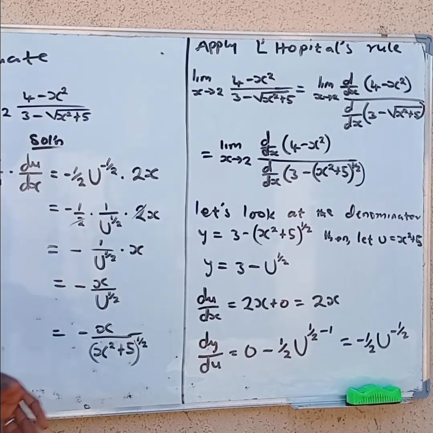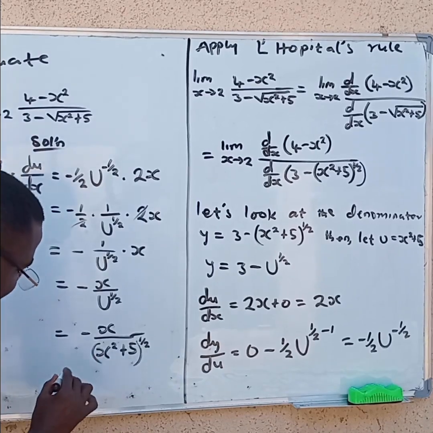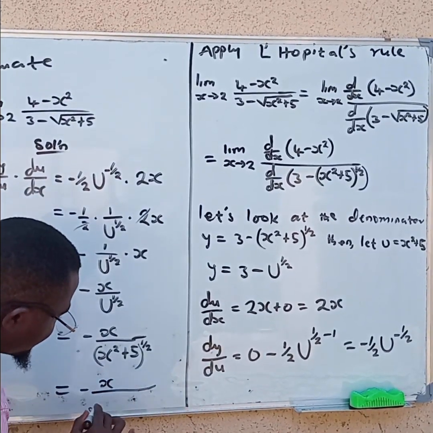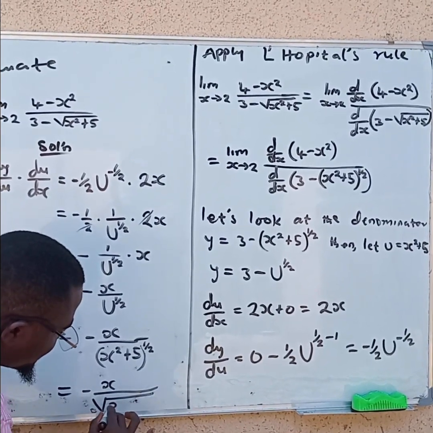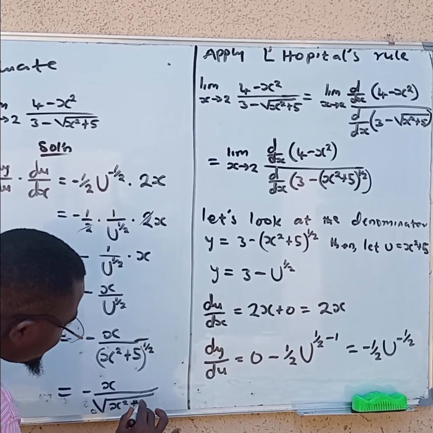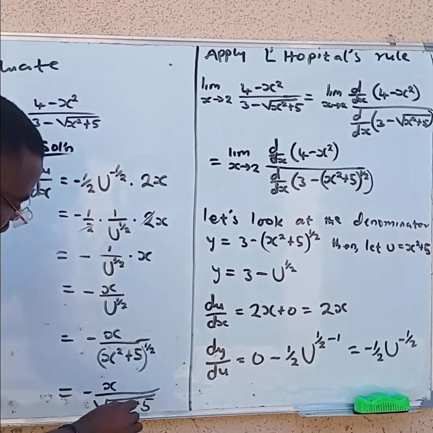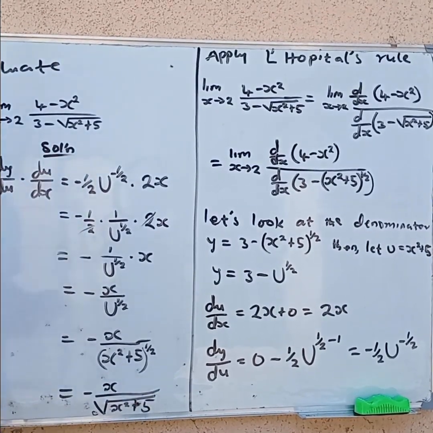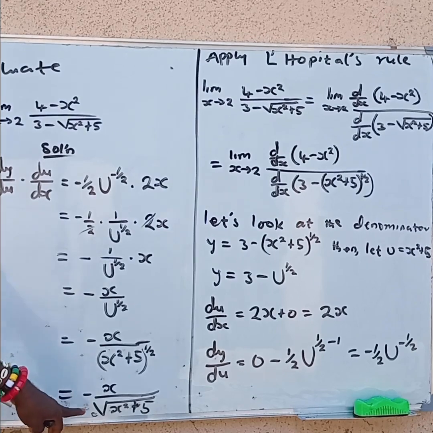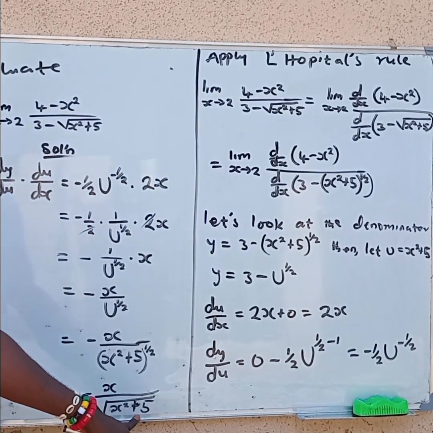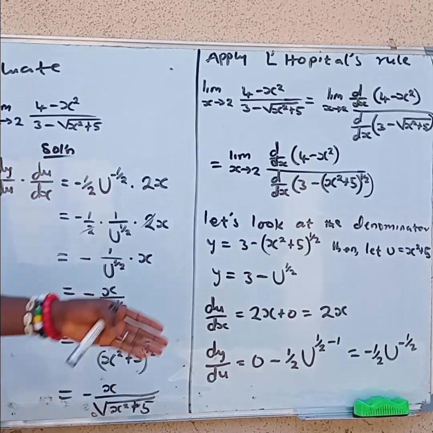We have replaced our u, and since half is square root, it simply means minus x over the square root of x squared plus 5. That's what we have from there. Now, having known the value of the denominator, that is minus x over the square root of x squared plus 5, we'll now put it here, then differentiate the top.